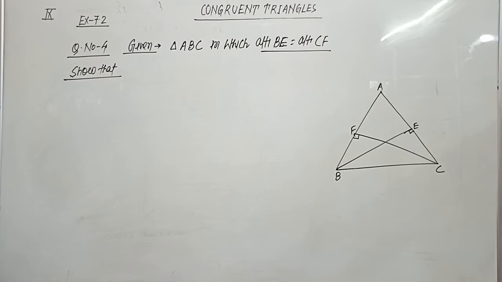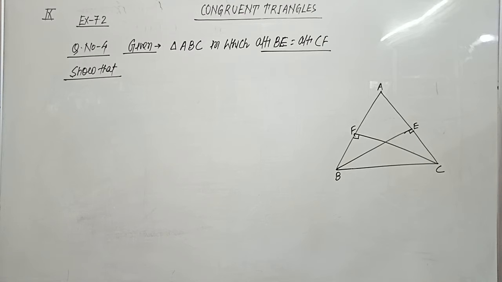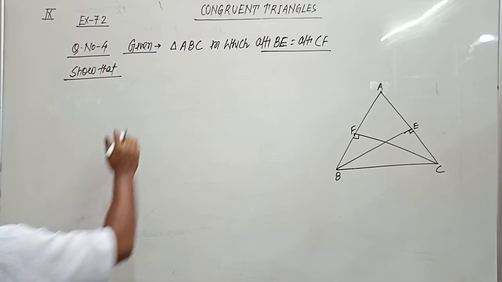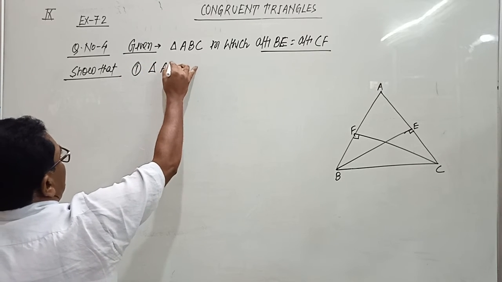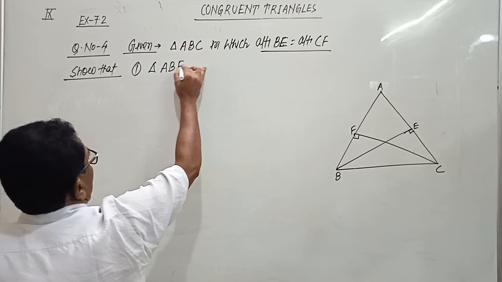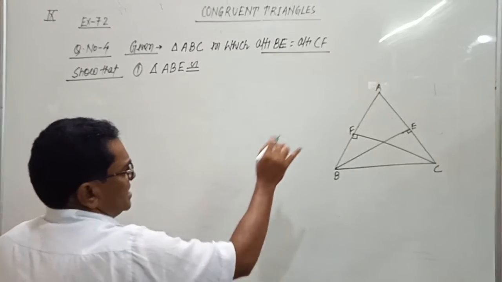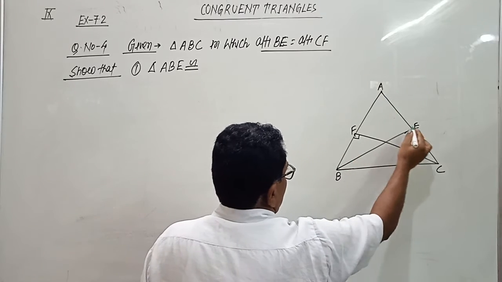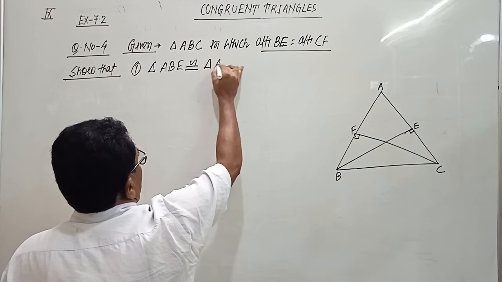we have to prove that triangle ABE is congruent to triangle ACF.